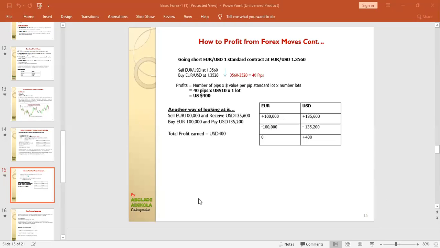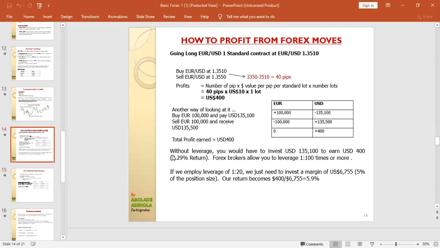You may be wondering why I have to use $100,000 to make a profit of $400. We have explained it right here, which is the true power of leverage. You don't actually need to drop in 100,000 before you can trade that.